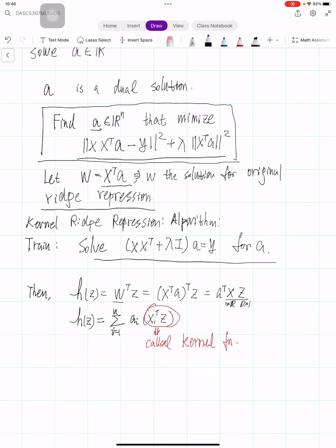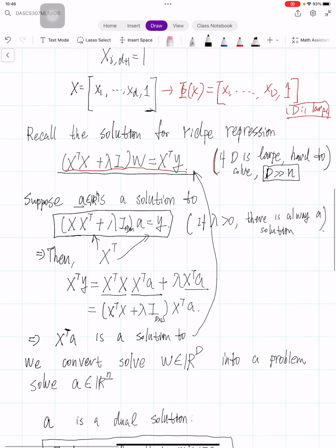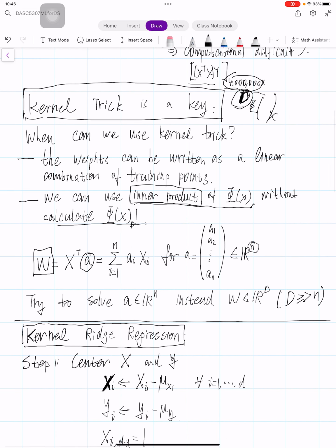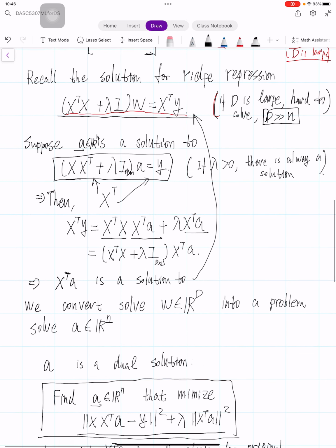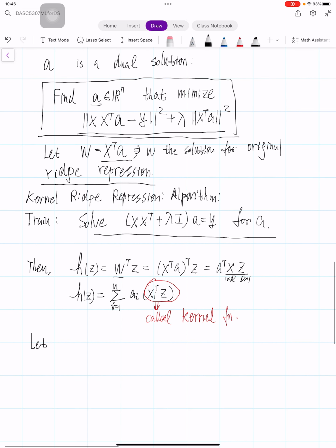So that's what I mean at the beginning of the lecture. We can use the inner product of the phi function. So this is the inner product. So here k(x, z) equals phi(x) transpose phi(z) be the kernel function.